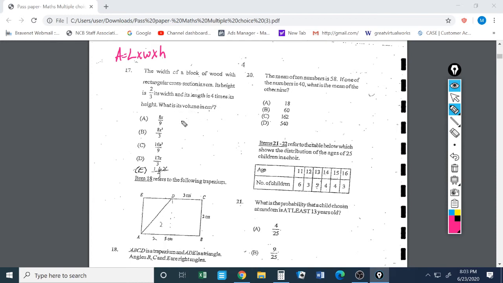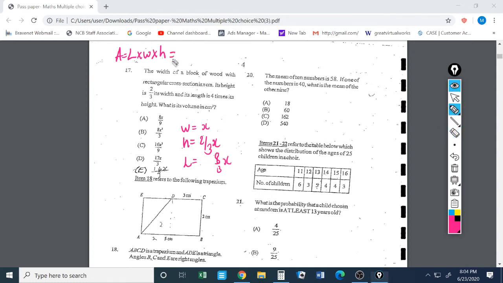So let's write that out. The width is equal to x, the height is equal to 2/3 times its width, which is (2/3)x, and its length is equal to 4 times its height, so 4 times (2/3)x. This 4 times 2/3 would give us (8/3)x. So let's put (8/3)x as the length.